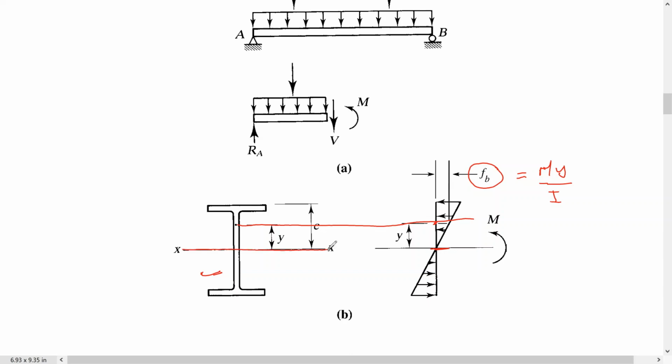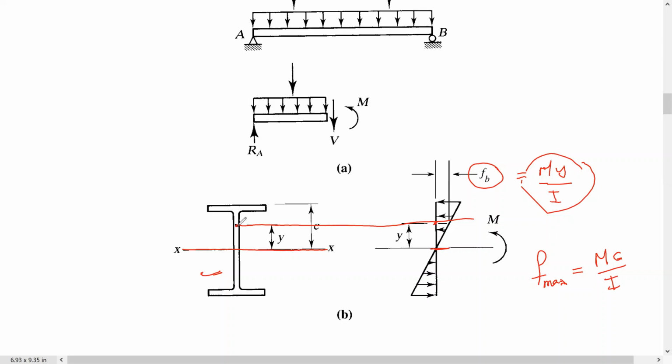Now, if we need to calculate the stress at any point, we use the basic flexure equation, and the stress will be maximum where Y is equal to C. F max is the stress.